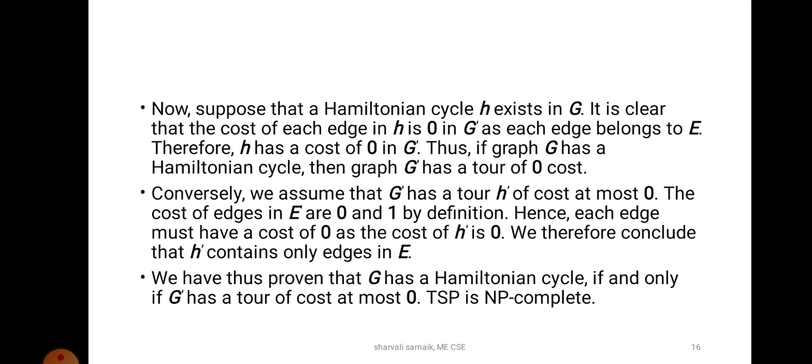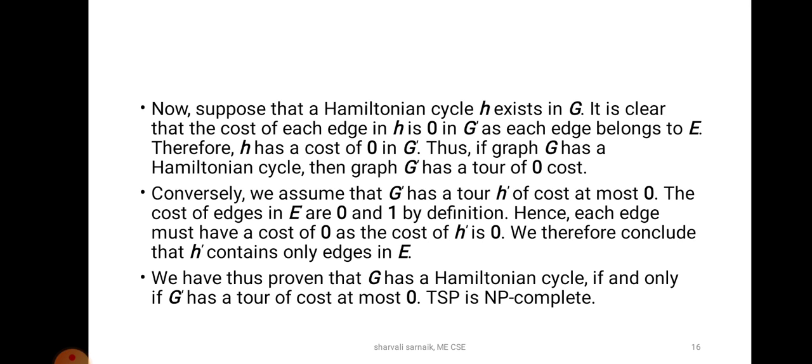Now suppose that a Hamilton cycle H exists in G. It is clear that the cost of each edge in H is 0 in G dash, as each belongs to E. So therefore H has a cost 0, and thus if graph G has a Hamilton cycle, then G dash has a tour of 0 cost. Conversely, we assume that G dash has a tour H dash of cost at most 0, and the costs of edges are 0 and 1 by definition.